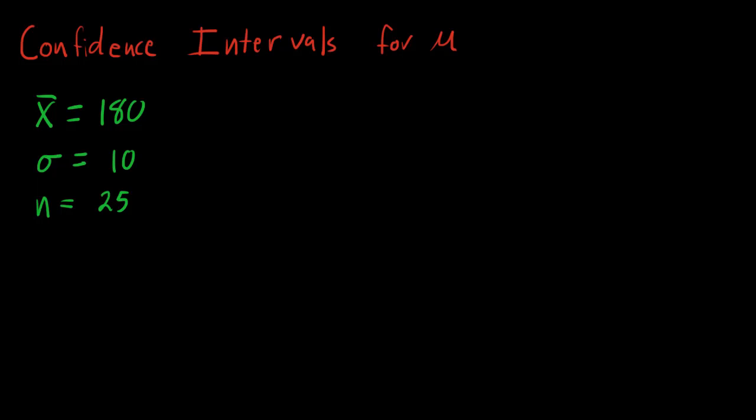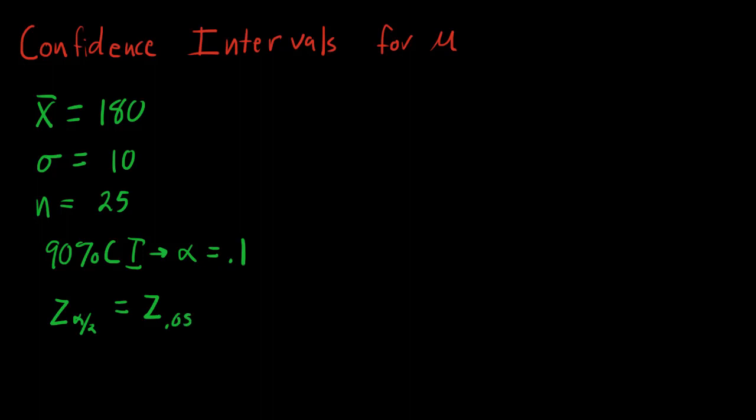We're going to be finding a 90% confidence interval, which turns into alpha equal to 0.1, which means we're trying to find z of alpha divided by 2. So z of alpha over 2 is equal to z of 0.05.